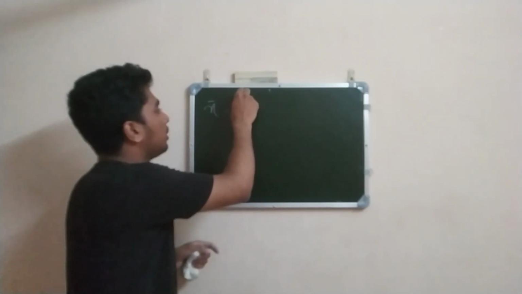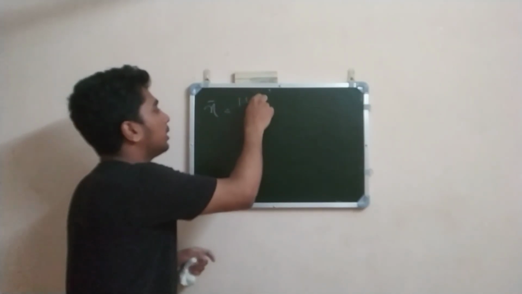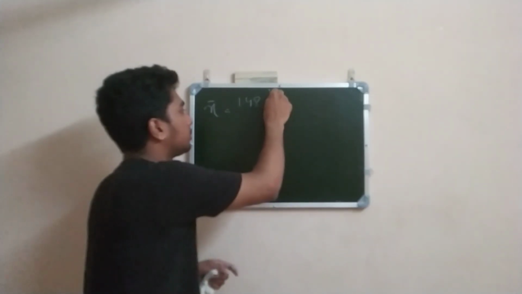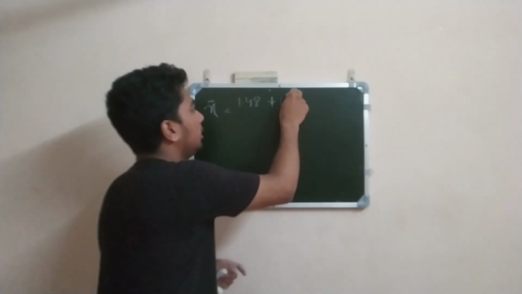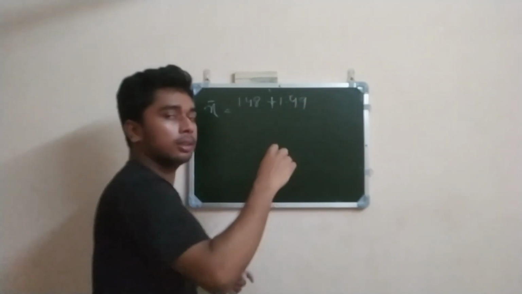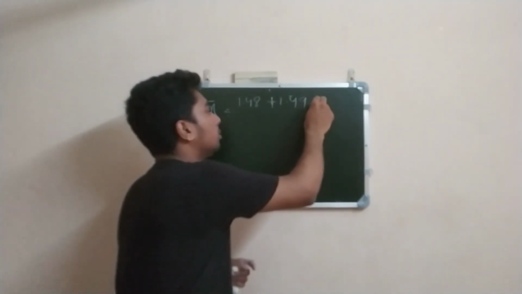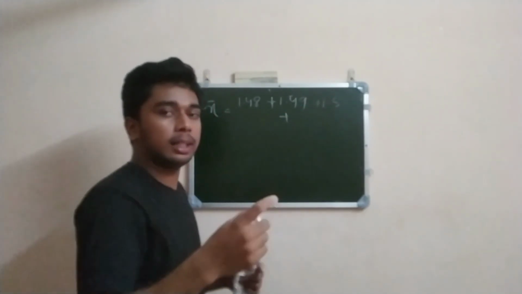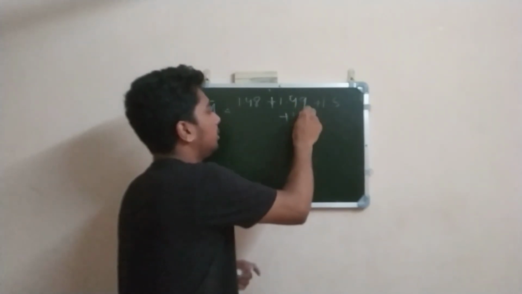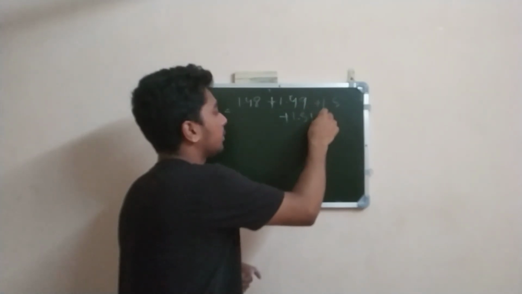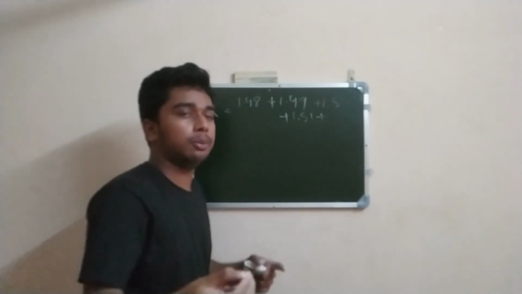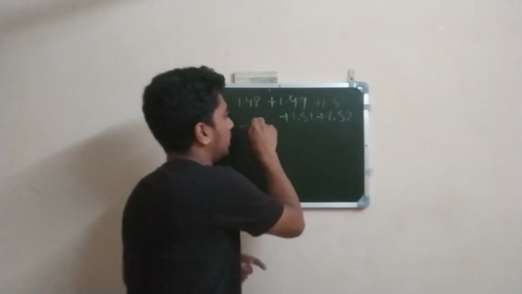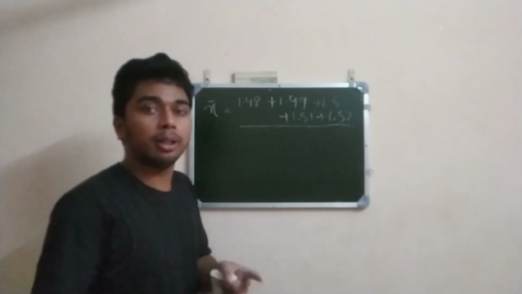The first x1 was 1.48 centimeter, the second data point was 1.49 centimeter, the third was 1.5 centimeter, the fourth was 1.51 centimeter, and the fifth was 1.52 centimeter, divided by the number of data points.